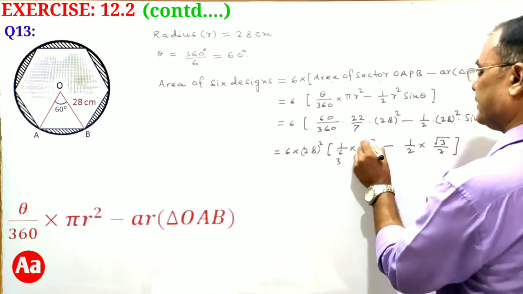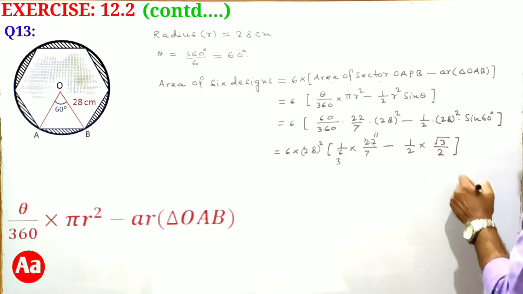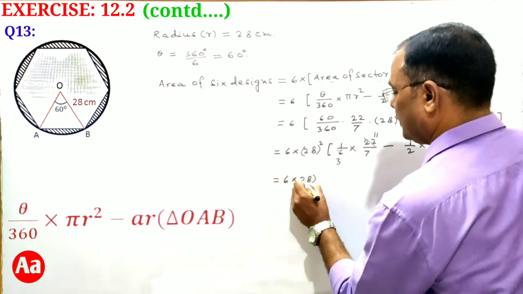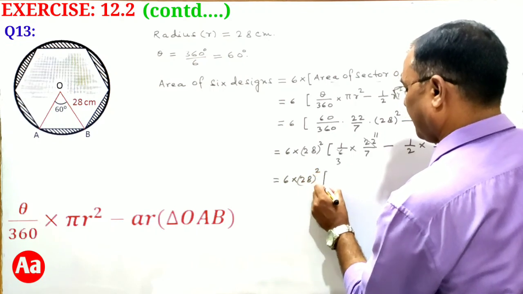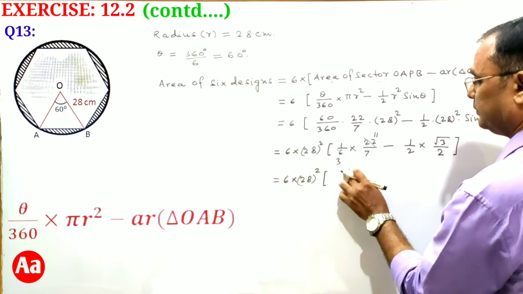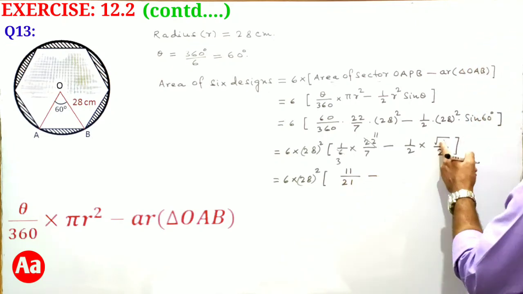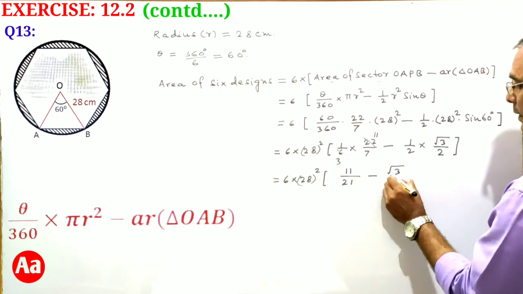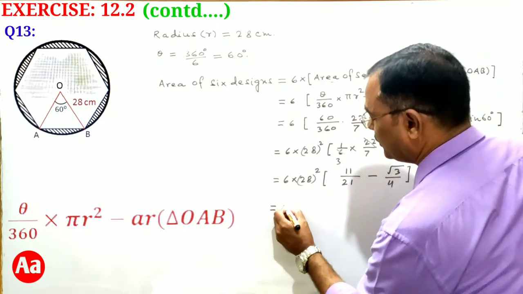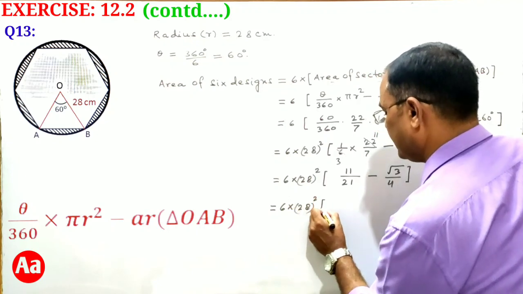2 3 is 6, 2 11 times 22. So this is equal to 6 into 28 square into 11 by 21 minus root 3 by 4, and this is equal to 6 into 28 whole square into.